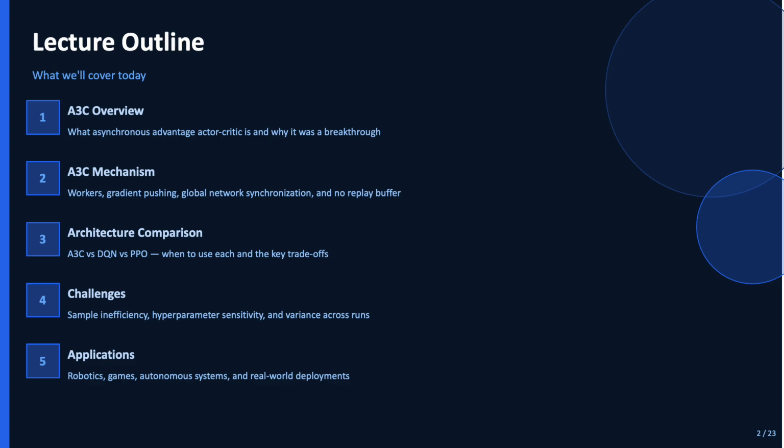The team at DeepMind used A3C to train agents that could play 57 Atari games and navigate complex 3D environments in their DeepMind Lab platform, achieving results that previously took days in a fraction of the wall clock time, in a few hours, using nothing more than a standard multi-core desktop CPU with no specialized hardware whatsoever.